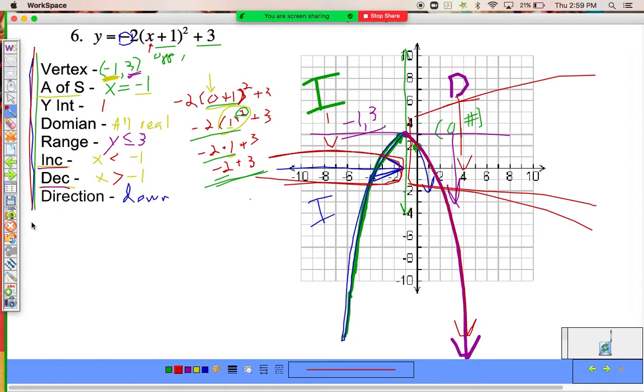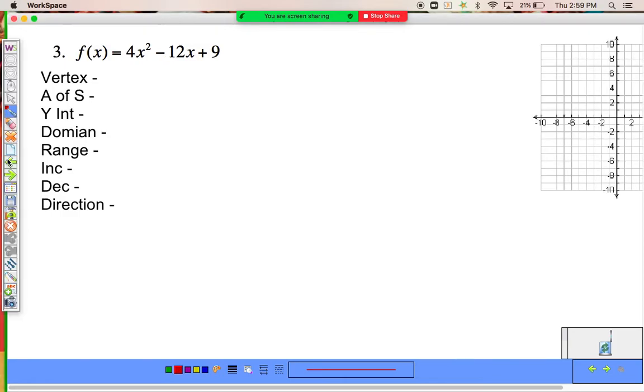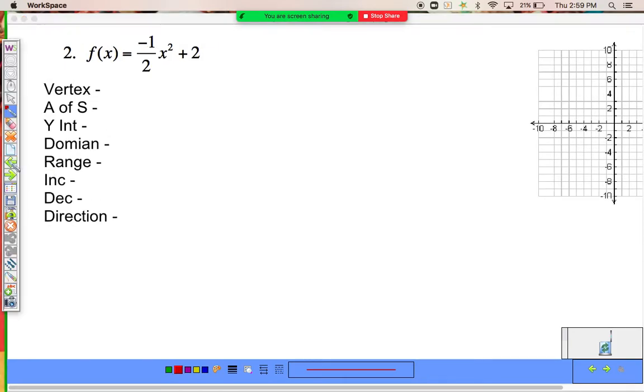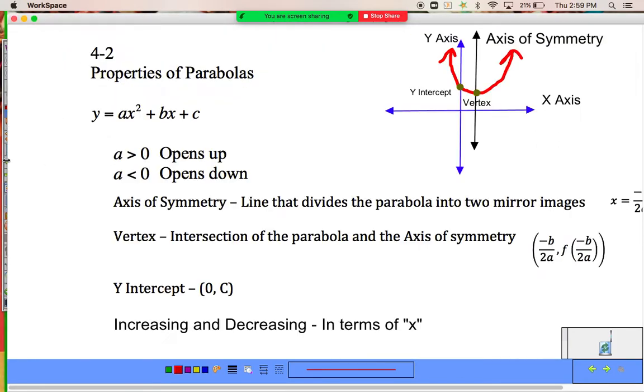All right, let's go back to number 1. We did this a little differently than I normally do. All right, so we're going to add a couple things.